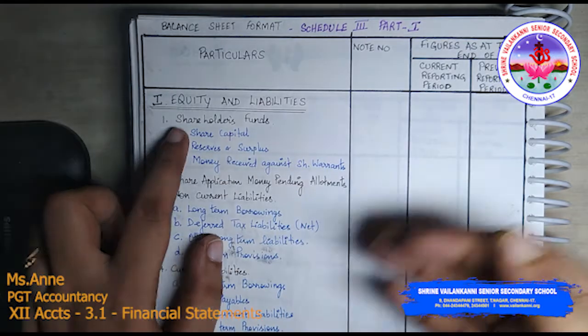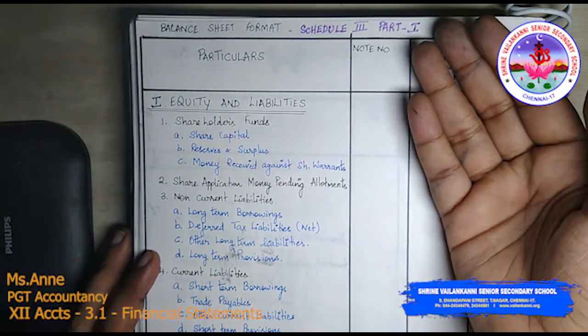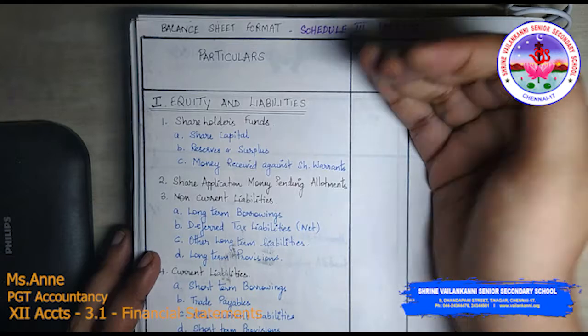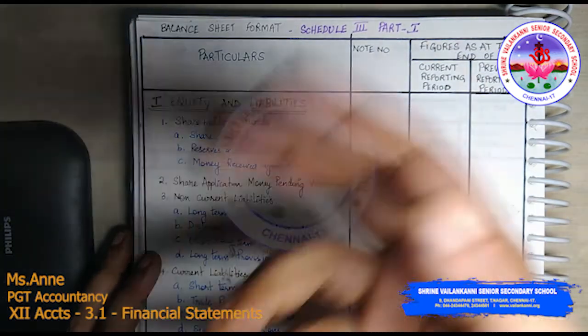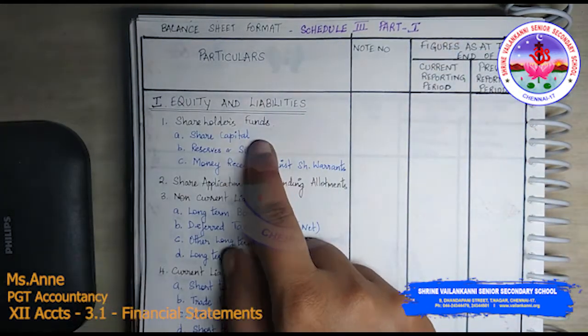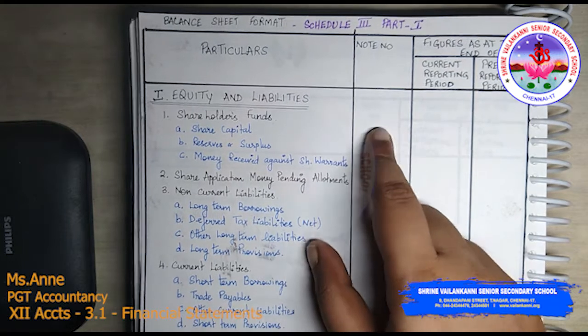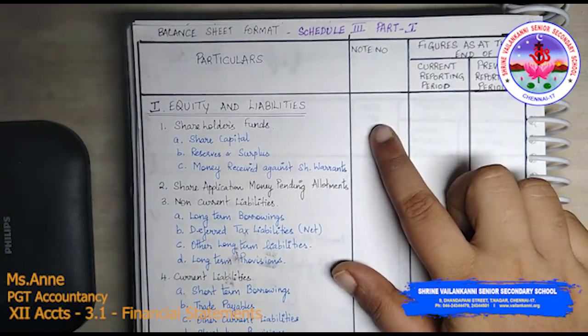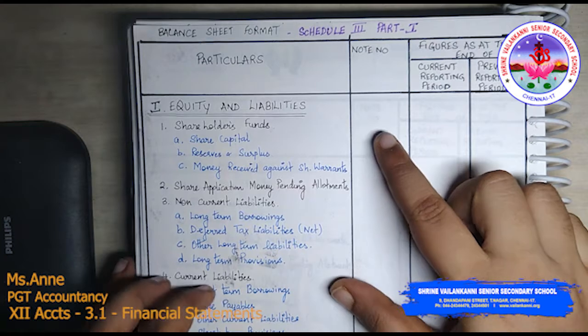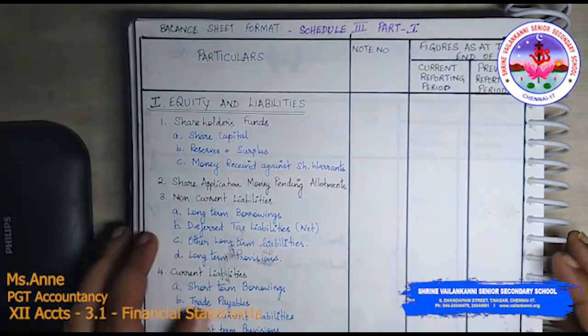For example, 10,000 equity shares, 5,000 preference shares. So the note number represents the detailed explanation about the line item of the balance sheet.